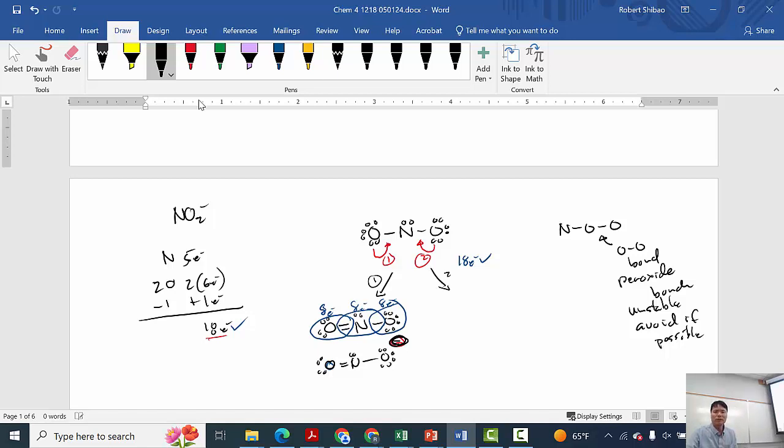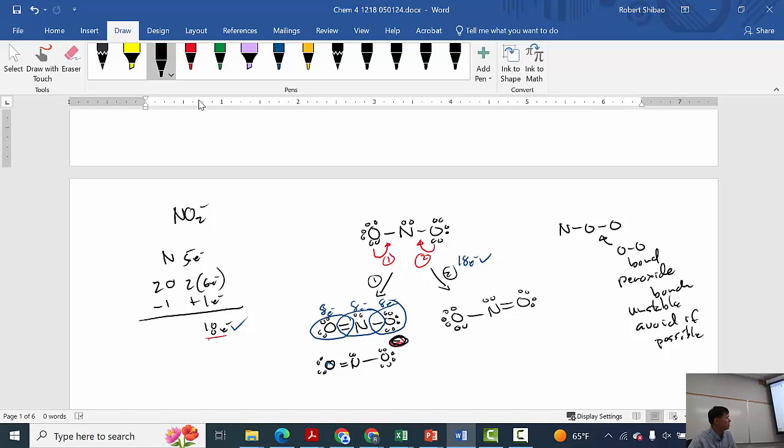What if we picked path 2? If we pick path 2, then we're going to form this. We're going to form the double bond on the opposite side. Take a look at the first oxygen.